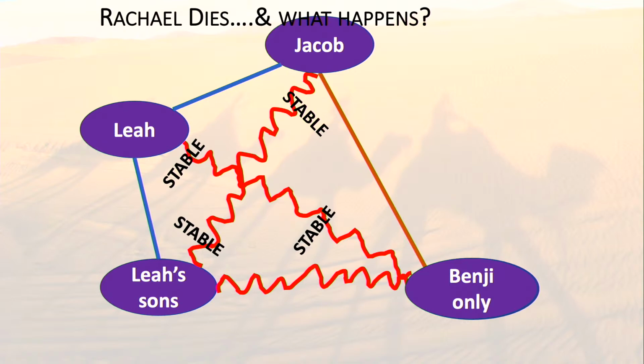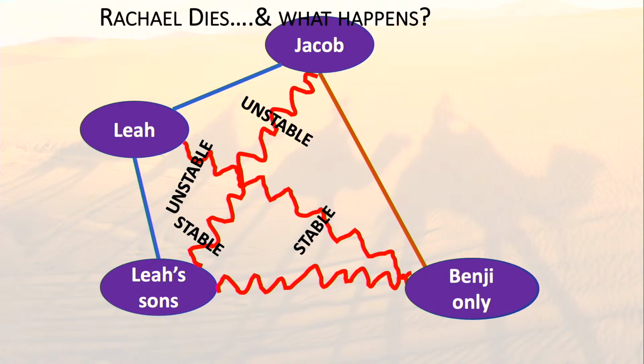So now Leah, Jacob, and Leah's sons, this becomes an unstable triangle. And Leah, Jacob, and Benjamin, this becomes an unstable triangle. Benjamin no longer has access to his biological mother because she passed away, and his only full biological brother has disappeared. Maybe there's something that happens here.